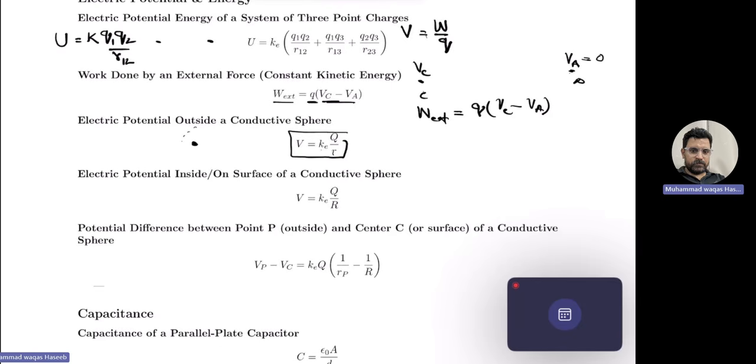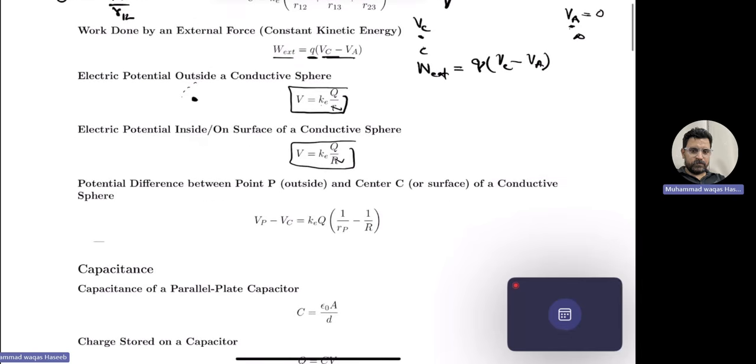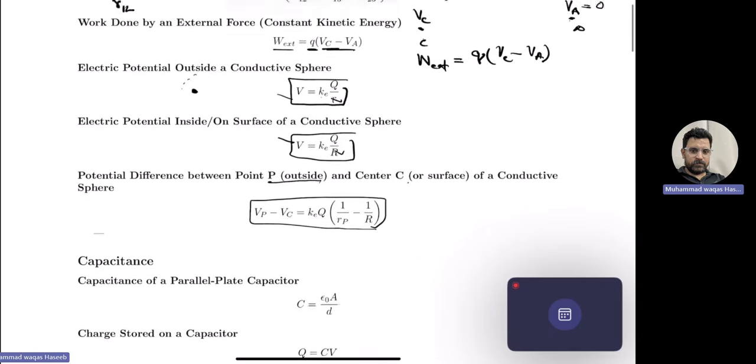The electric potential inside and outside of the conducting surface is the same, and it depends upon this r, whether it is outside or inside. The potential difference between a point outside and the center of the surface is represented by these two points.